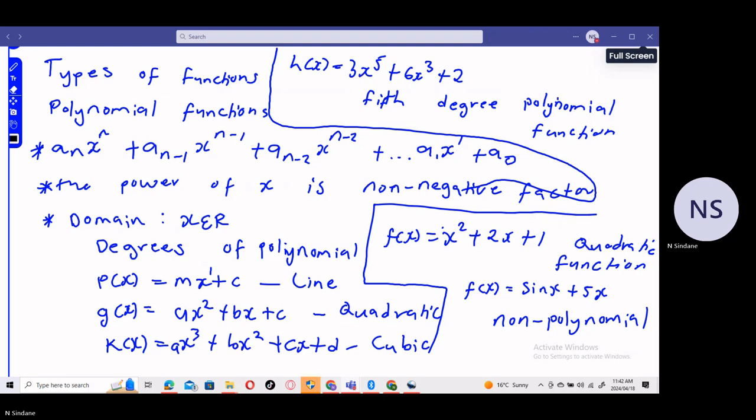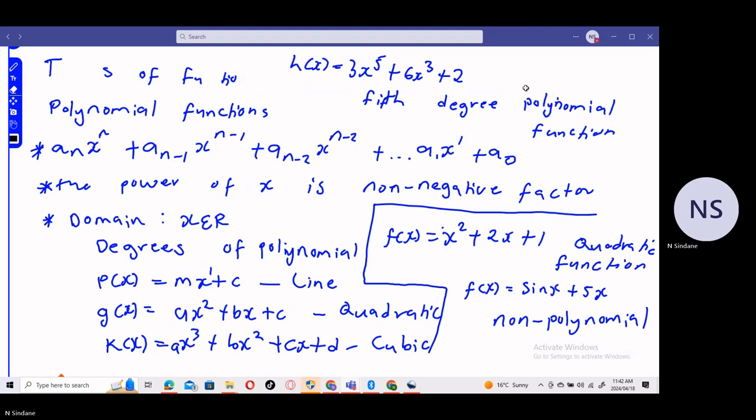Then let's come to the second one. Let me erase everything.